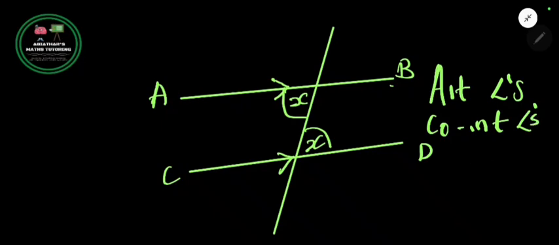Co-interior angles, what am I talking about? This angle here and that angle there, they are co-interior angles. And then there are other angles which we call corresponding angles.